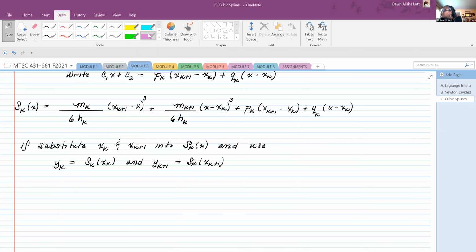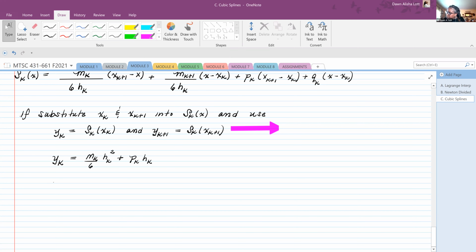We get that y_k is equal to M_k over 6 times h_k squared plus p_k h_k, and we get y_{k+1} is equal to M_{k+1} over 6 times h_k squared plus q_k h_k.